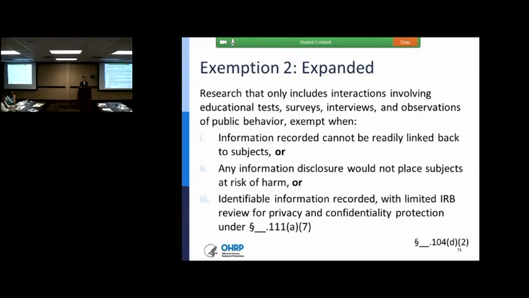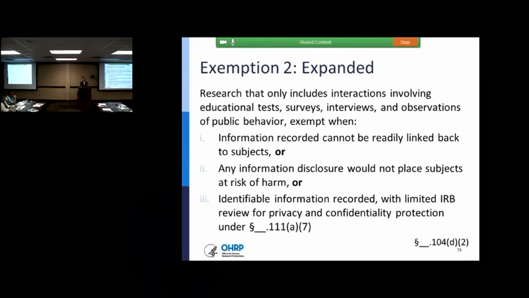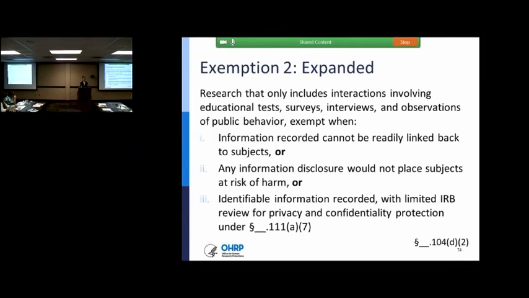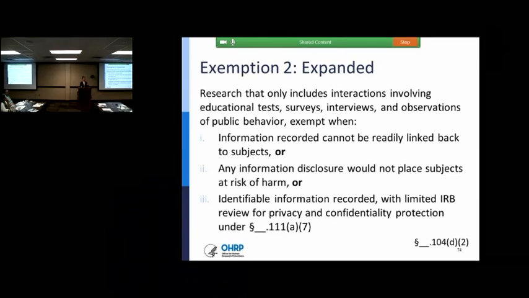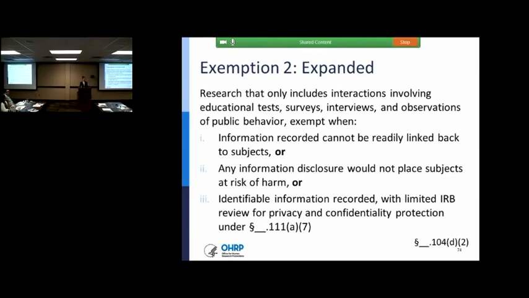Yes? When you say limited IRB review, what exactly do you mean by limited IRB review? So the regulations set out some criteria that the IRB needs to consider, but the idea is that the IRB would just have to focus on this specific aspect of the study, the privacy protections, and not the whole study itself.